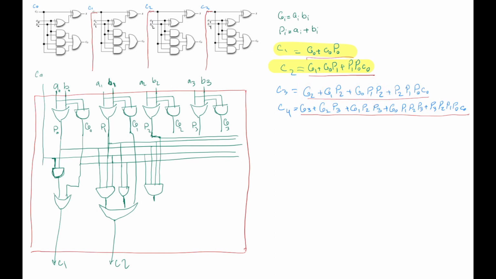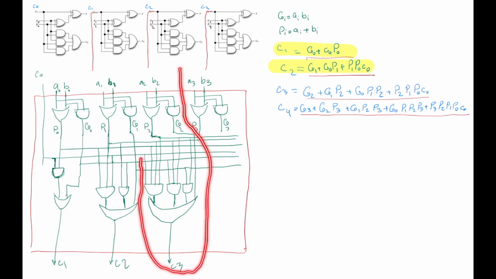Let me also draw this one and then I'll stop. Okay, I'm not going to even attempt to draw C4 because it becomes a lot more complex. But I wanted you to understand that as we go this way, yes, we are able to compute things in parallel. We're computing all of these in parallel.